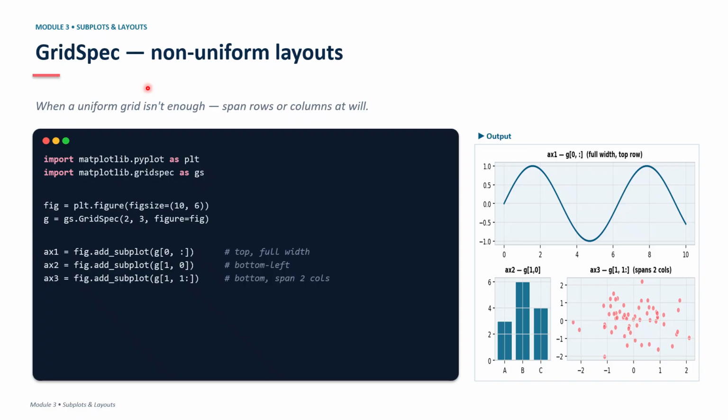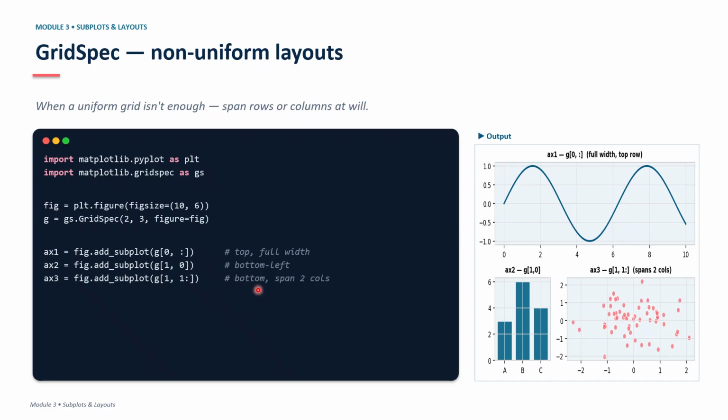GridSpec is the most powerful and flexible way to create subplot layouts in Matplotlib. So let us break out of the uniform grid constraint and create panels of different sizes. Say we have the function plt.subplots of 2, 3.